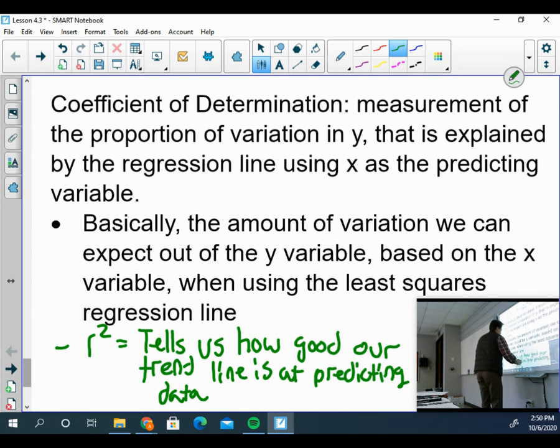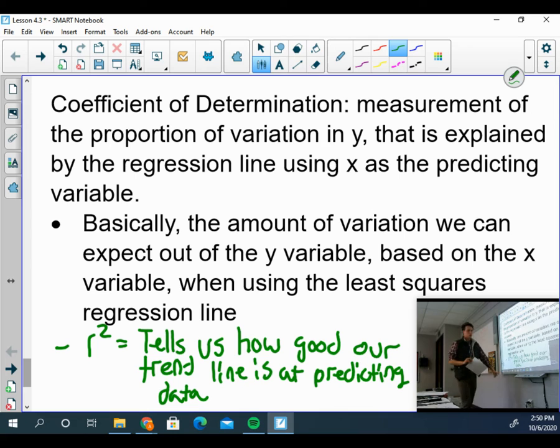Here's the moral of the story with the coefficient of determination. What that's a really fancy way of saying is, in 4.2, when you took your data value in part C or D in the practice and plugged it back into the trend line and got a Y value, you were doing that assuming the trend line's accurate. R squared tells you how accurate the trend line is.